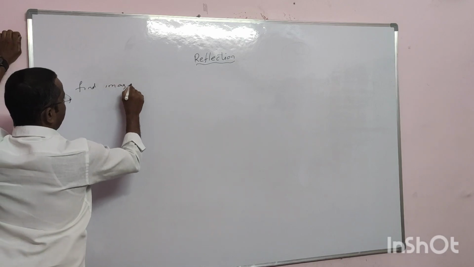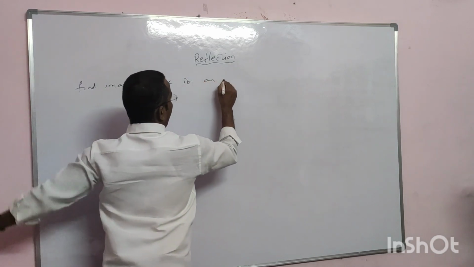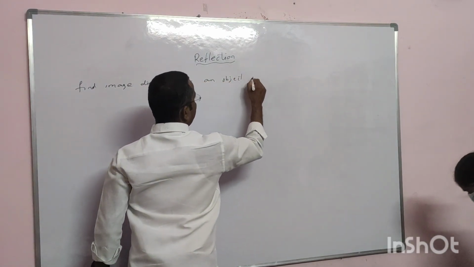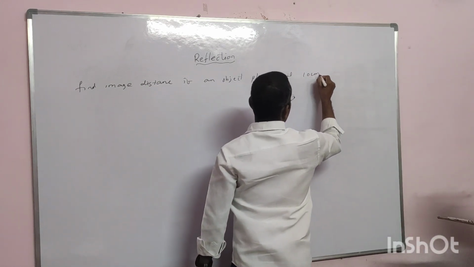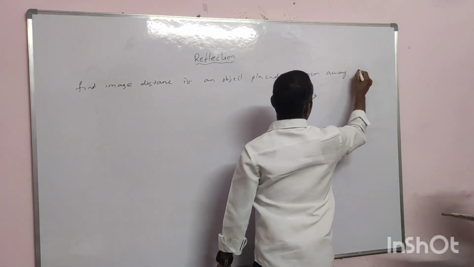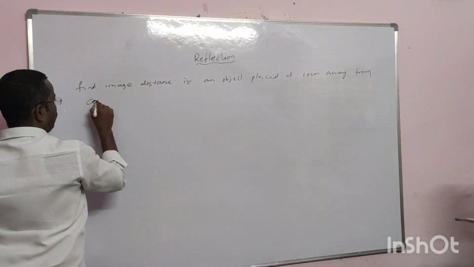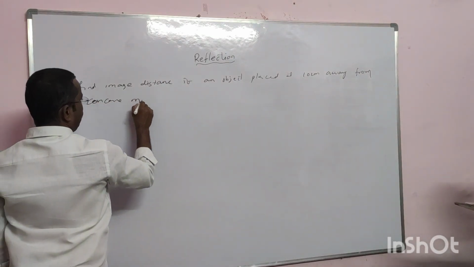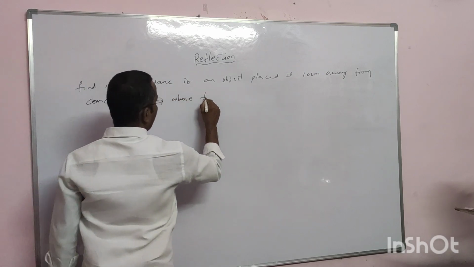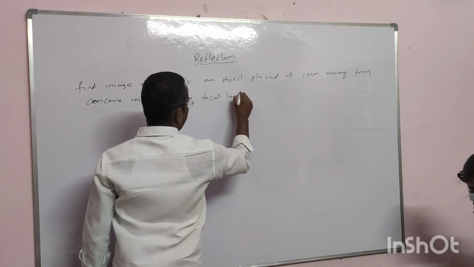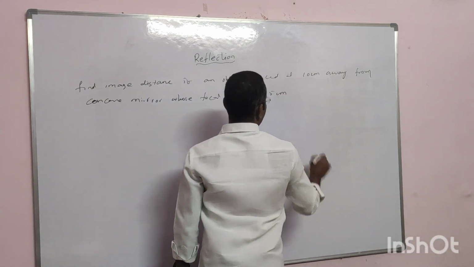Find the image distance if an object is placed 10 centimeter away from a concave mirror whose focal length is 5 centimeter.